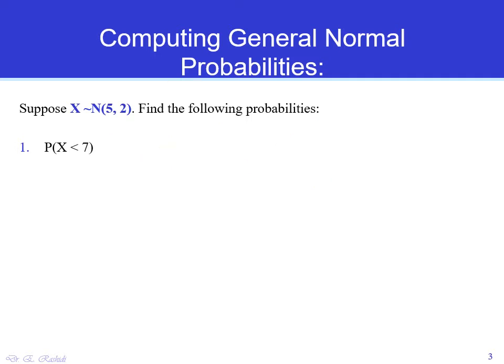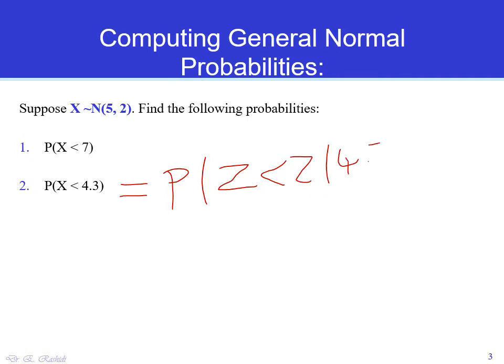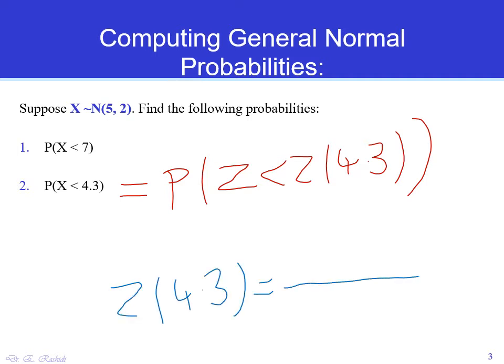Suppose that you also want to find the probability that x is less than 4.3. Again, we can convert this to a z distribution. So that would be equal to the probability that z is less than the z-score of 4.3. Let's find the z-score of 4.3. The z-score of 4.3 would be equal to 4.3 minus the average, which is 5 here, divided by the standard deviation 2.